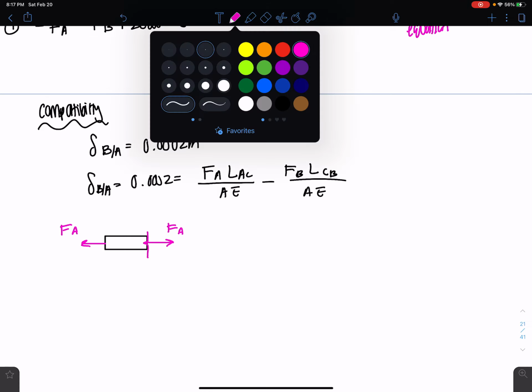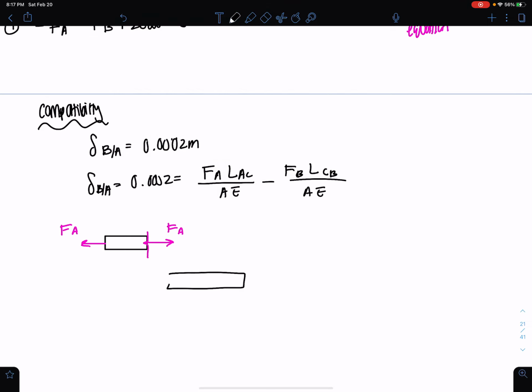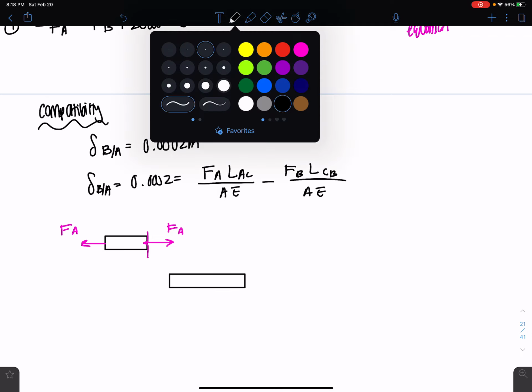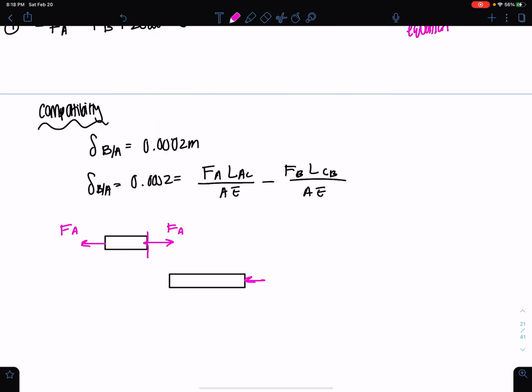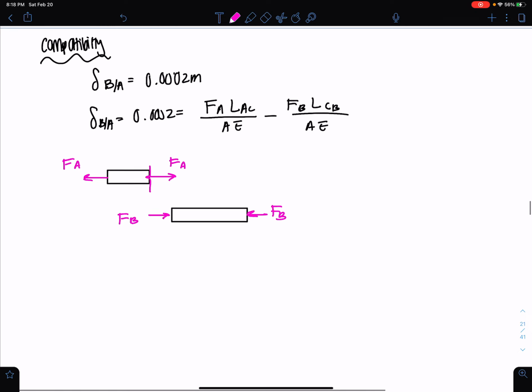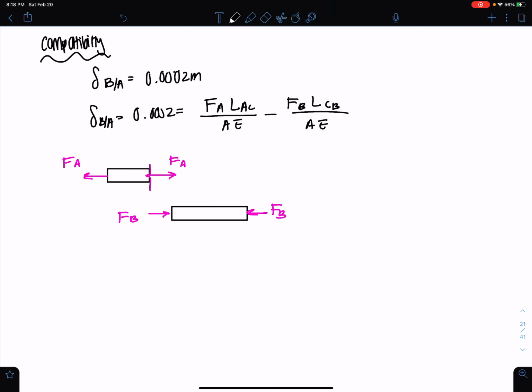Right? And I'm basically looking for this FB as well. And now I'm going to plug everything in here.